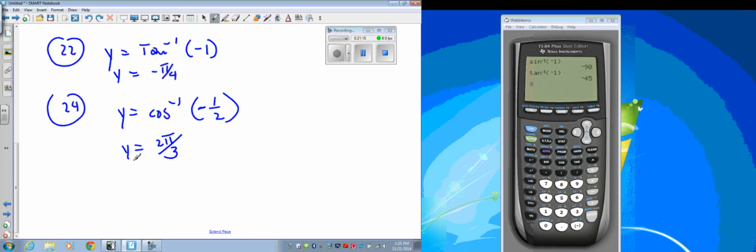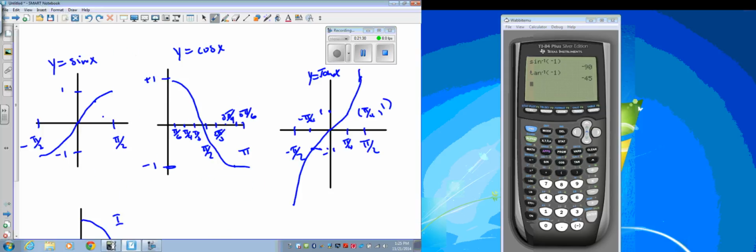Oh, it's 26. Says y equals arc sine of a negative square root of 2 over 2. So we're using this. So where is it a negative square root of 2 over 2? Yeah, minus pi over 4, you're going to have a negative square root of 2 over 2.